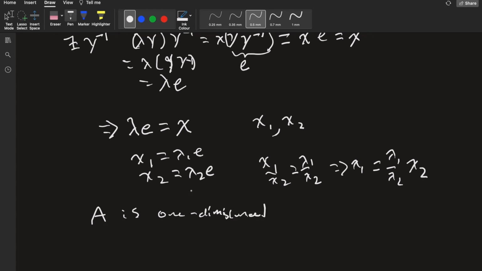And as a side note, you learned in linear algebra that if A is one-dimensional, it should be isomorphic to R. So we're really saying that A is sort of the same thing as R. Right.